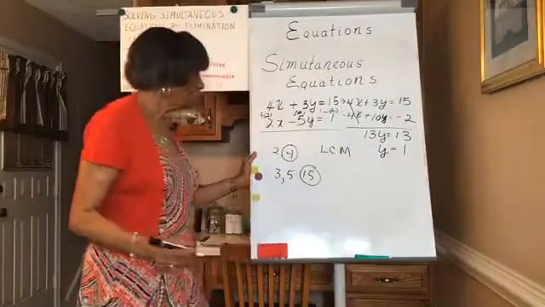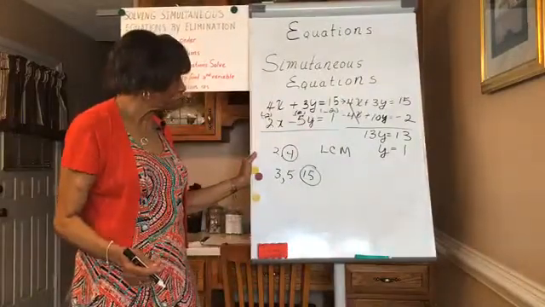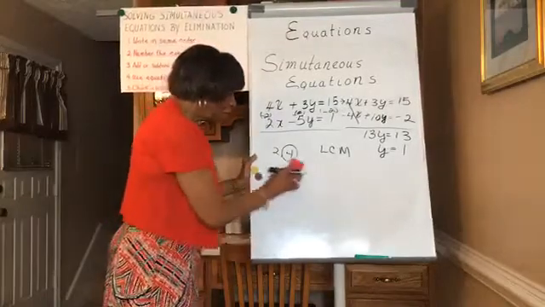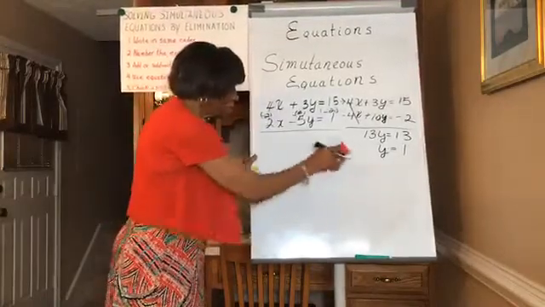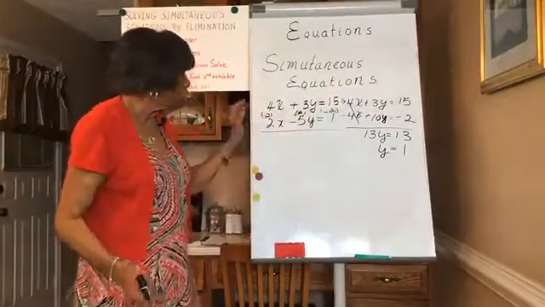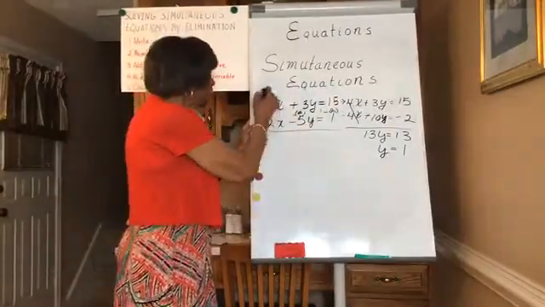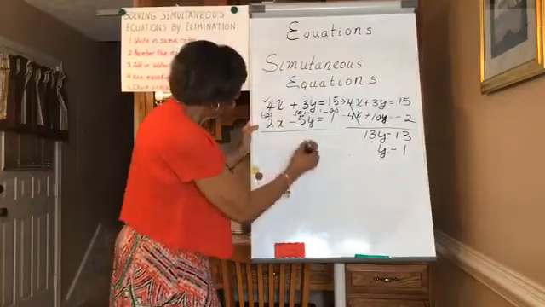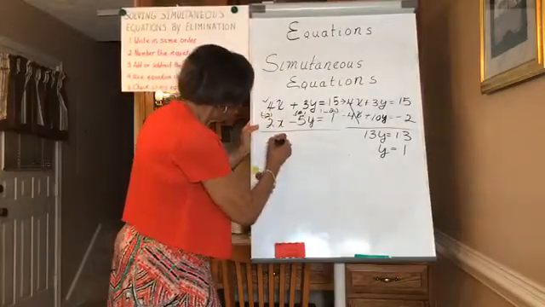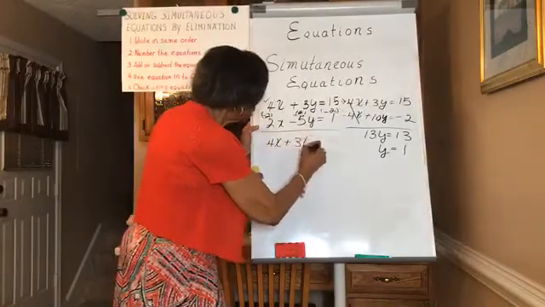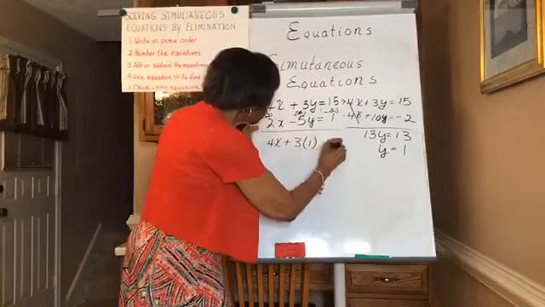All right, do I need to go back through there again to show you why I made those decisions? I will at the end come back to that. So I know now that y equals 1. I'm going to equation 1, which is my equation here, and I'm going to plug in for y. So I have 4x plus 3 times 1 equals 15.